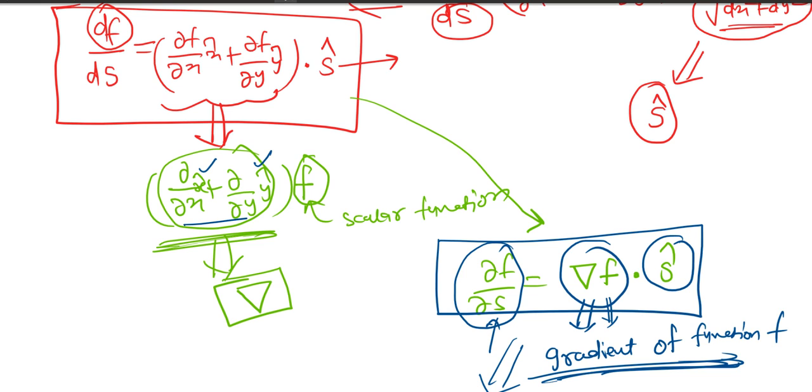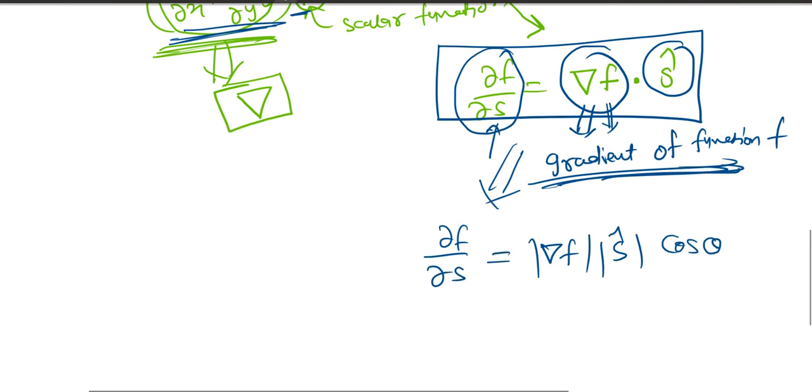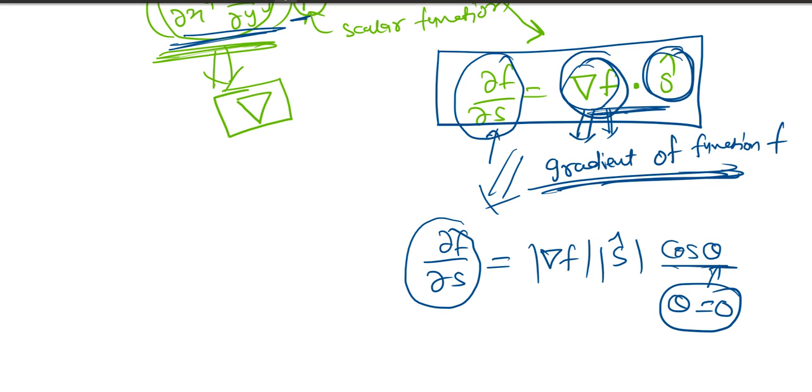So this del f gives you a vector quantity, and here we are taking the dot product of this vector del f and the unit vector in the direction of s. So theta is the angle between the s cap and this del f. Now del f by del s will be the maximum when theta is equal to 0. Yes, this would be the maximum.